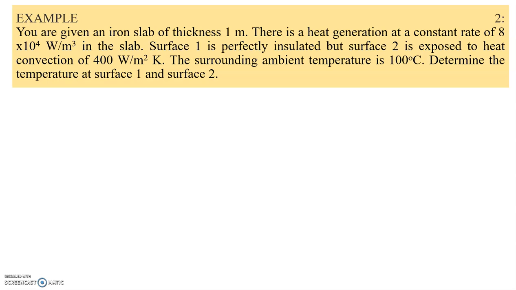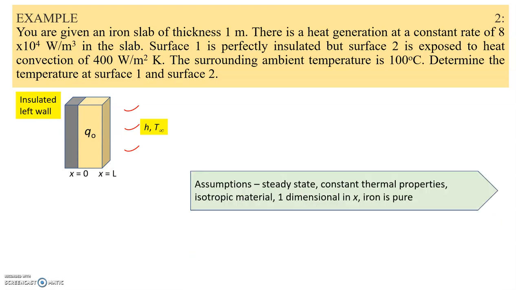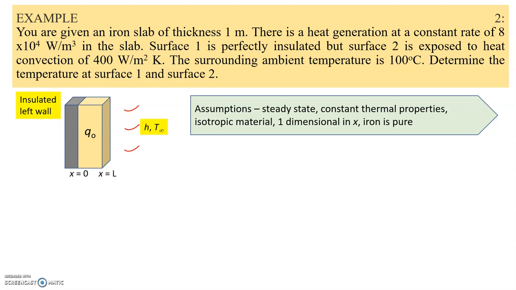You are asked to find the temperature at surface 1, the insulated surface, and surface 2, the one exposed to the surrounding. So again, you have your schematic diagram to understand which value goes where, and you have your list of assumptions. Very important. One-dimensional in X. Iron is pure.